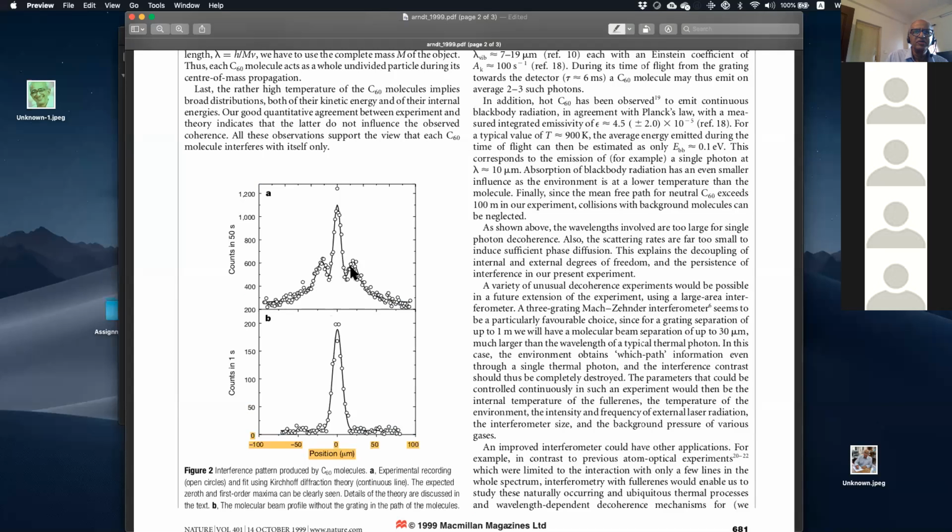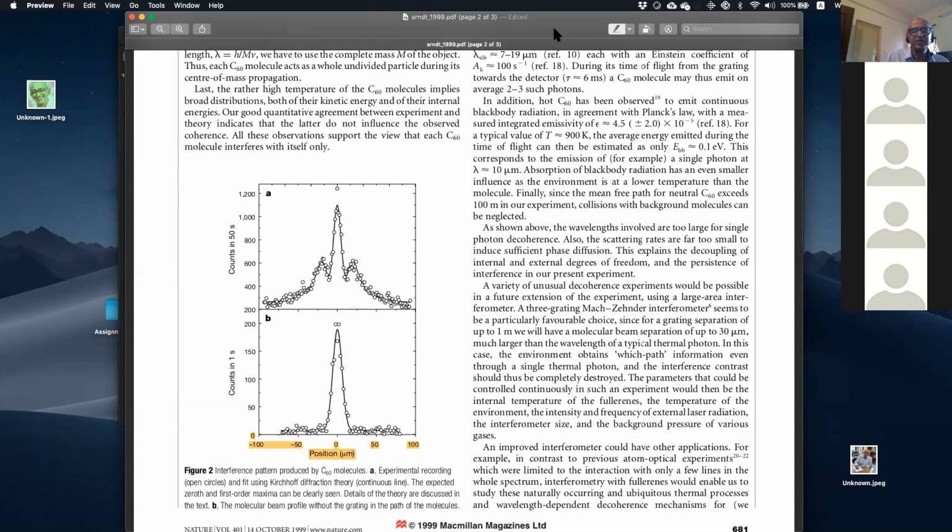So this will also be at a distance of 25 from the main peak, and so the separation between these two is about 50 micrometers. This is the separation between the peaks.